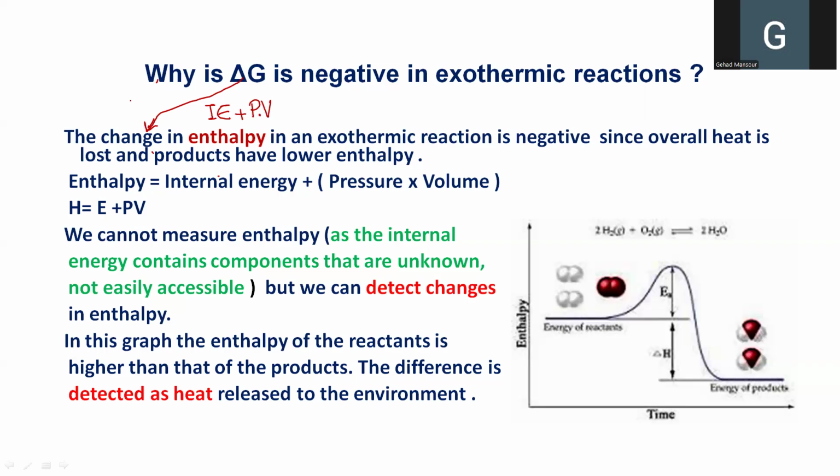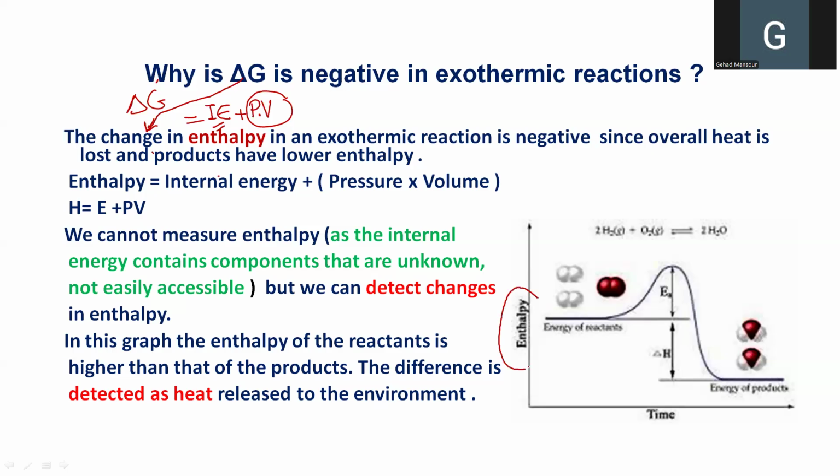So delta G at a constant pressure and a constant volume will be directly proportional to the internal energy. Delta G is directly proportional to enthalpy, and enthalpy is directly proportional to the internal energy.